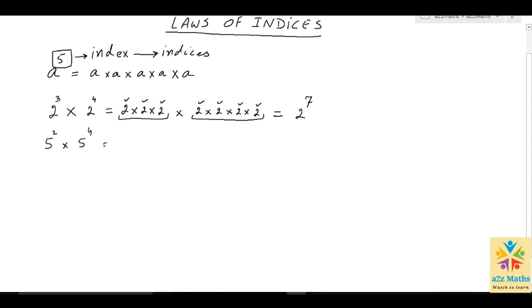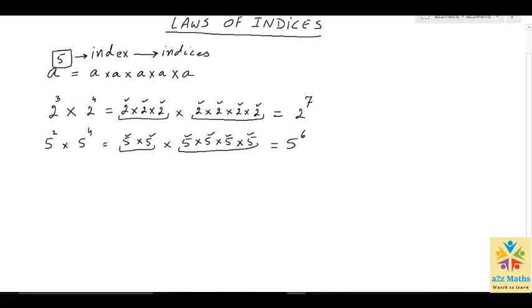From 5 square I have 5 times 5, and from 5 power 4 I have 5 times 5 times 5 times 5. In all, how many 5's do I have? 1, 2, 3, 4, 5 and 6. So I have 5 to the power 6.